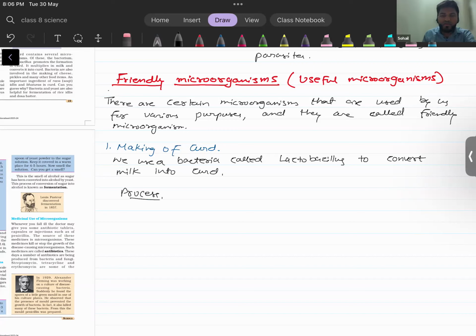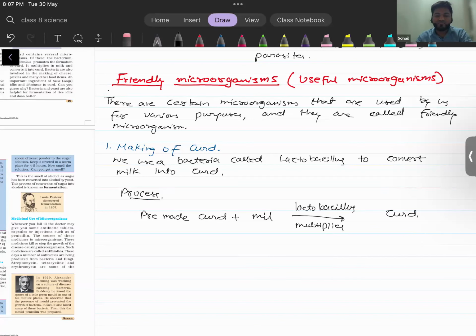Adding pre-made curd to milk. So pre-made curd is added to milk. Here the Lactobacillus bacteria multiplies and makes the whole milk into curd. That is what simply happens here.